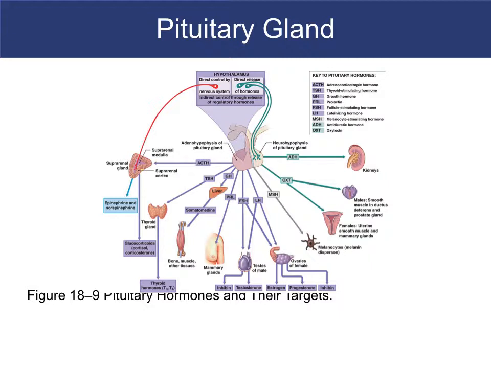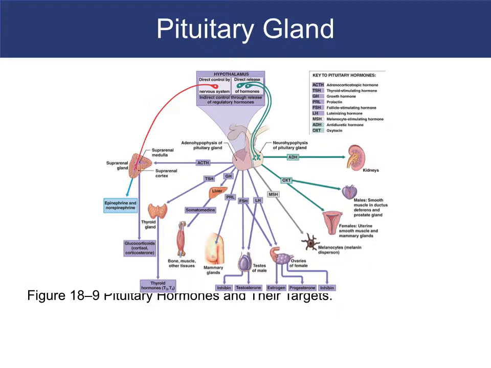Okay. All the rest of these pretty much work the same way as TSH. Here's growth hormone. Somatostatin works on the bones and muscles. You've got prolactin, PRL, works on the breasts. FSH and LH are releasing factors, come down, cause those things to be released. The FSH and the LH then go to the testes and the ovaries and cause the follicles to be stimulated.